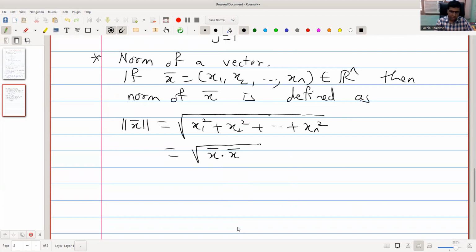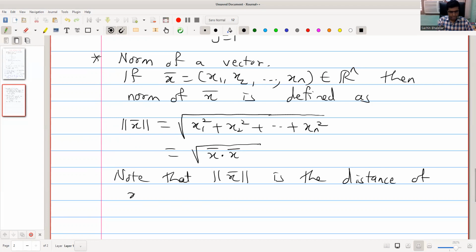Note that the norm of x bar is the distance of the point x bar in Rn from the origin in Rn.